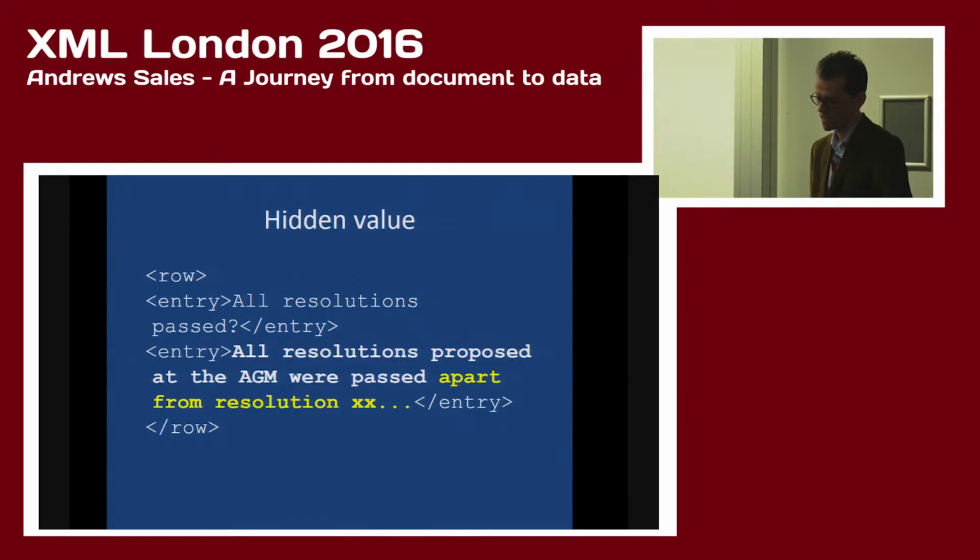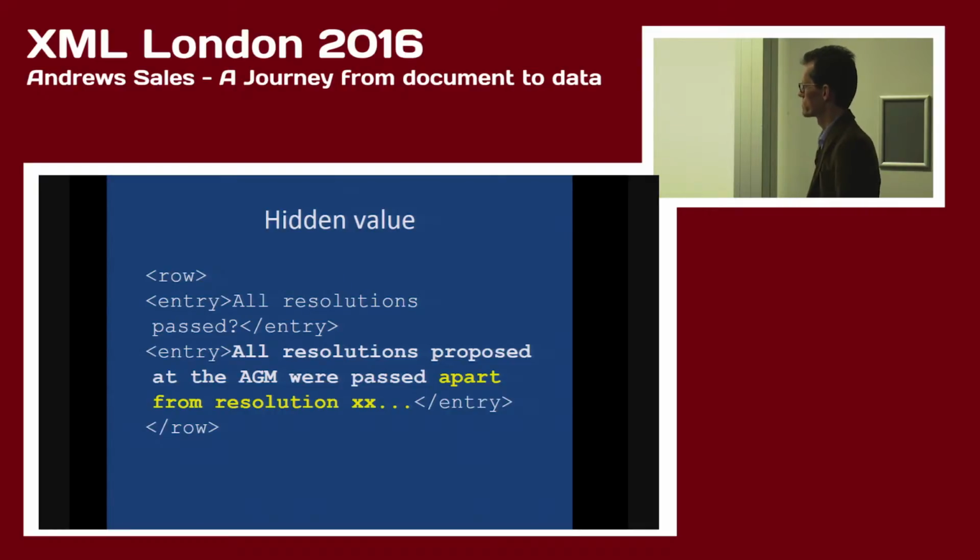There was hidden value in this data, so the information is mostly captured as two-column tables. So here we have one row, and essentially they're key value pairs. This comes from an annual general meeting report. So the key is were all the resolutions passed, and the value of that should be essentially a yes-no value.